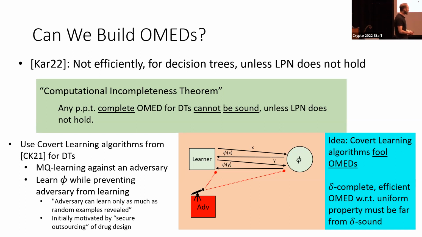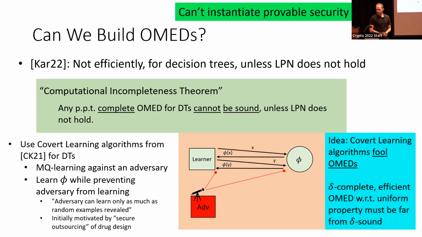So despite the client acting adversarially, from the perspective of any efficient OMED, it will not be able to classify it as adversarial or benign. So assuming that the OMED accepts a large percentage of honestly distributed query sets, then it must also accept with high probability this adversarial distribution.